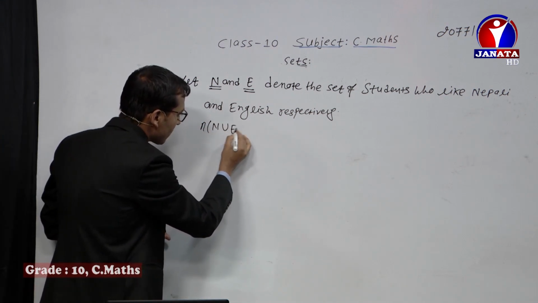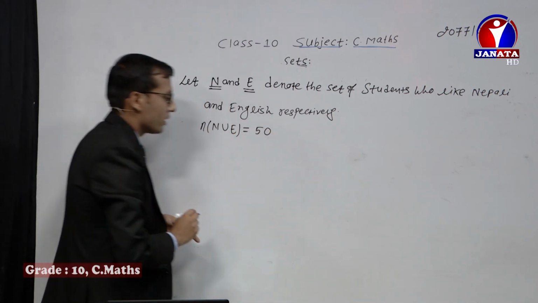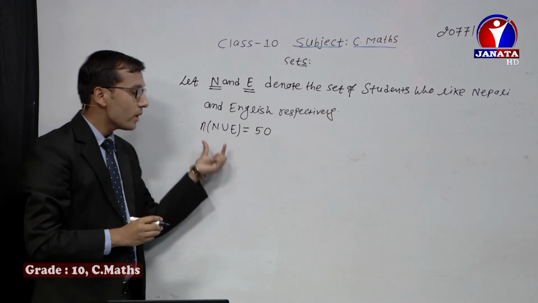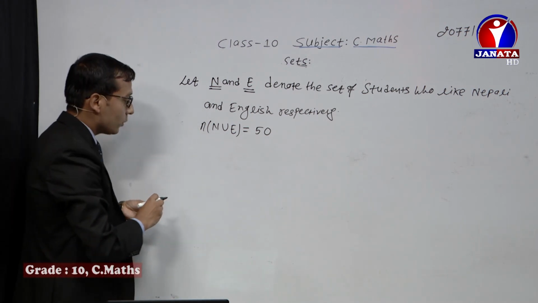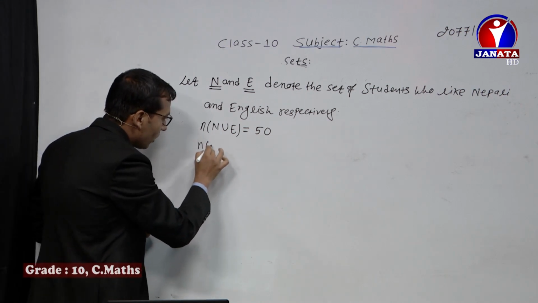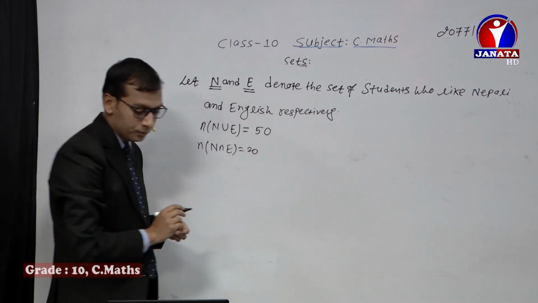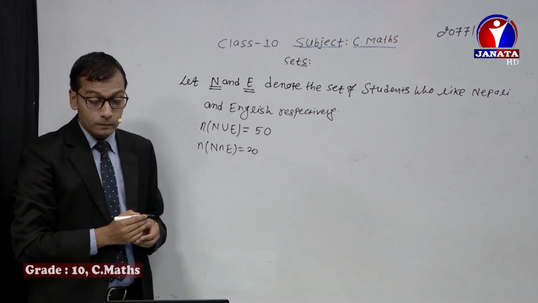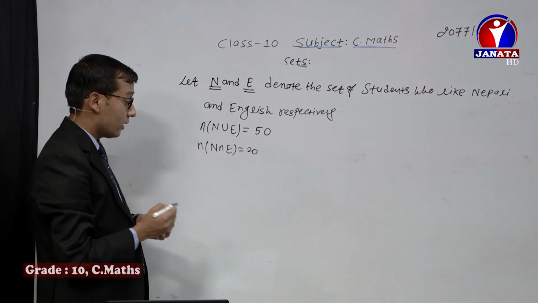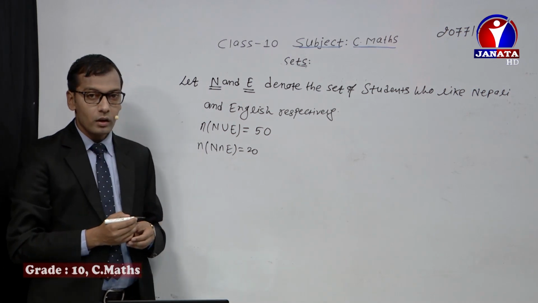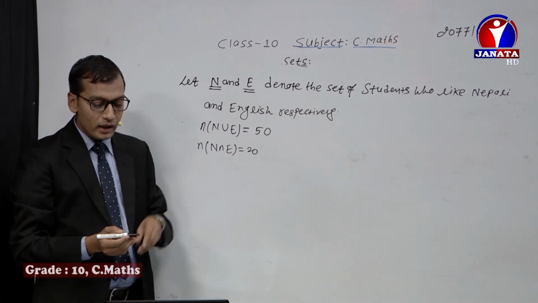n(Nepali union English) is 50, there are a total of 50 students. So I am writing the information given in the question. Out of them, 20 like both subjects. So n(Nepali intersection English) is 20. Here is the ratio given: the ratio of the number of students who like Nepali and English is 3:2.